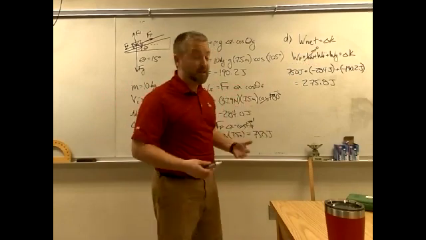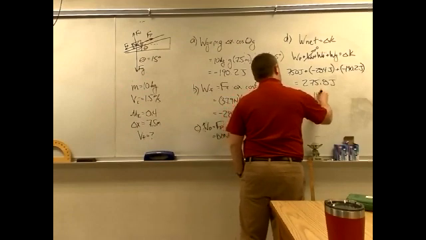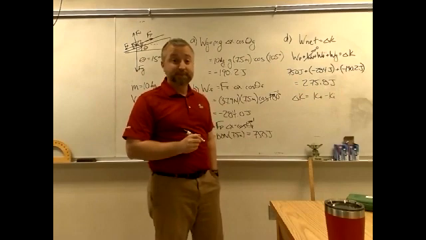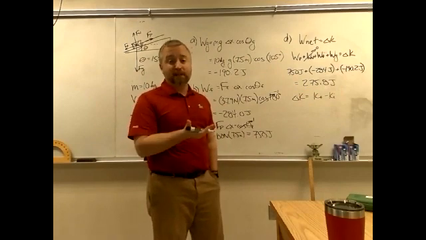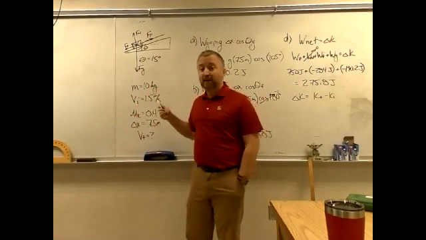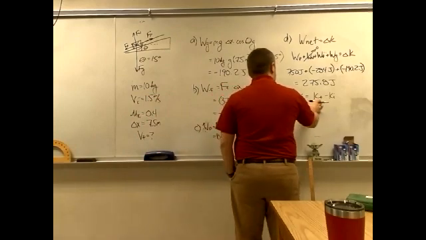So the other thing to do here is change in kinetic energy is kinetic energy final minus kinetic energy initial. In problem 6, kinetic energy initial dropped out because it wasn't moving at the beginning. Here it doesn't drop out because it is moving 1.5 meters per second at the beginning. So let's go ahead and fill in.